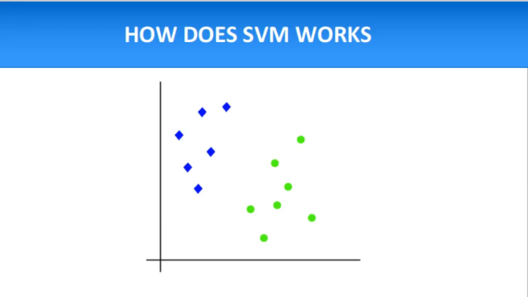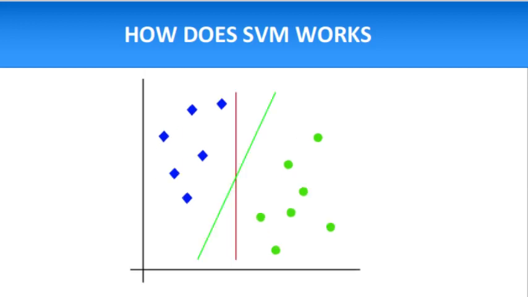The working of the SVM algorithm can be understood by using an example. Suppose we have a data set that has two tags, green and blue, and the data set has two features, x1 and x2. We want a classifier that can classify the pair of coordinates x1, x2 as either green or blue.